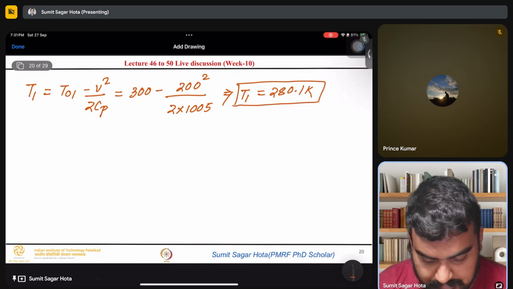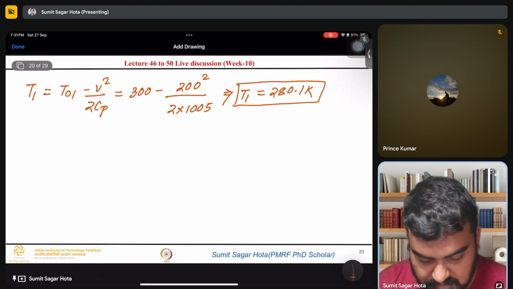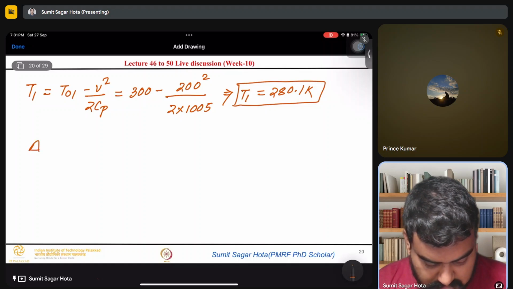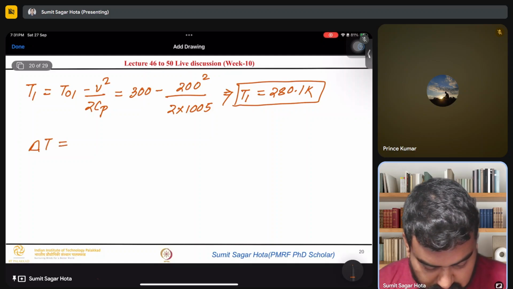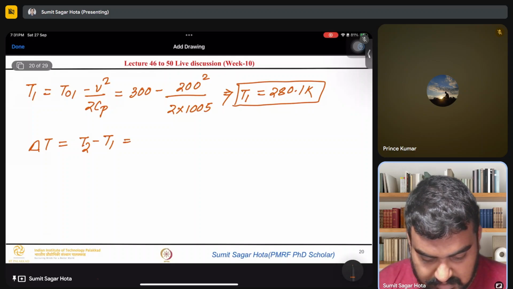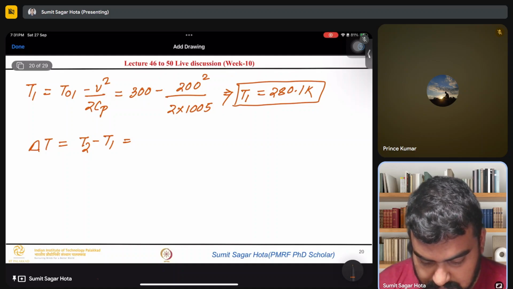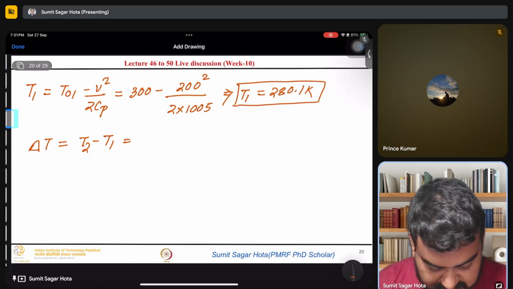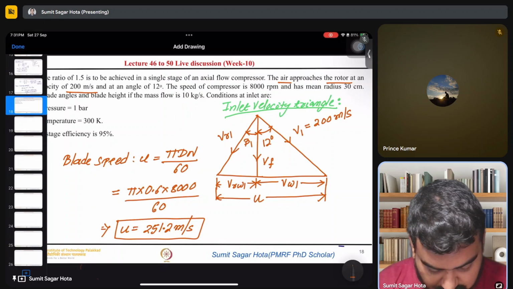Next we need to find out the delta T. Delta T is equal to T2 minus T1. Just apply the isentropic relation. In the question the pressure ratio is also given as 1.5.